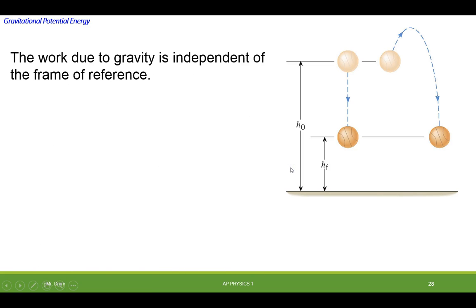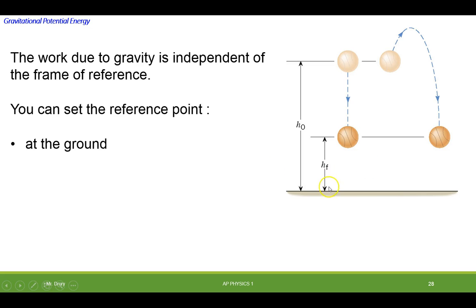All right. Work due to gravity is independent of the frame of reference. For example, you could set the frame of reference any place you want. In the previous example, this was 4 and this was 2, so the difference was 2. You could set the reference point at any position you would like to make the problem easier. You could set the ground as a reference point, as we did in the previous problem.